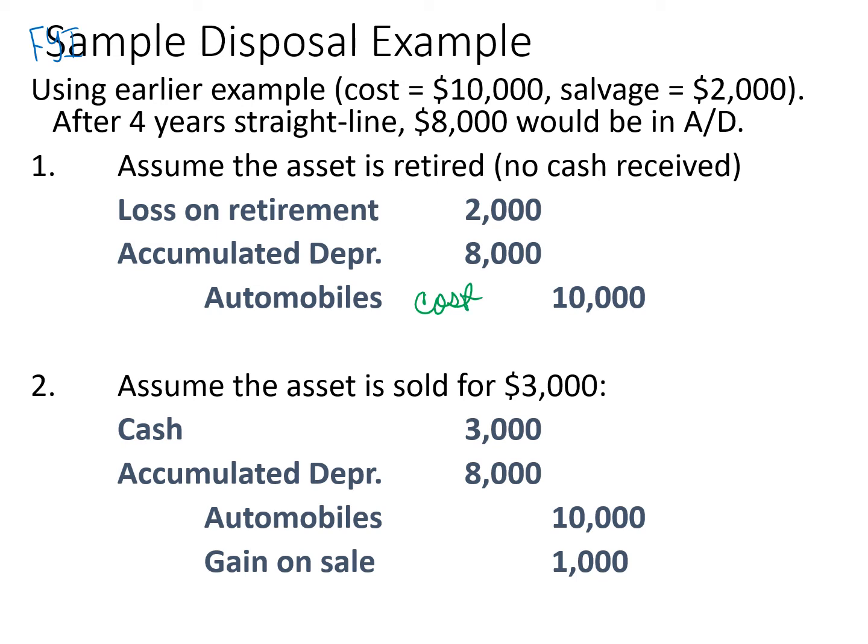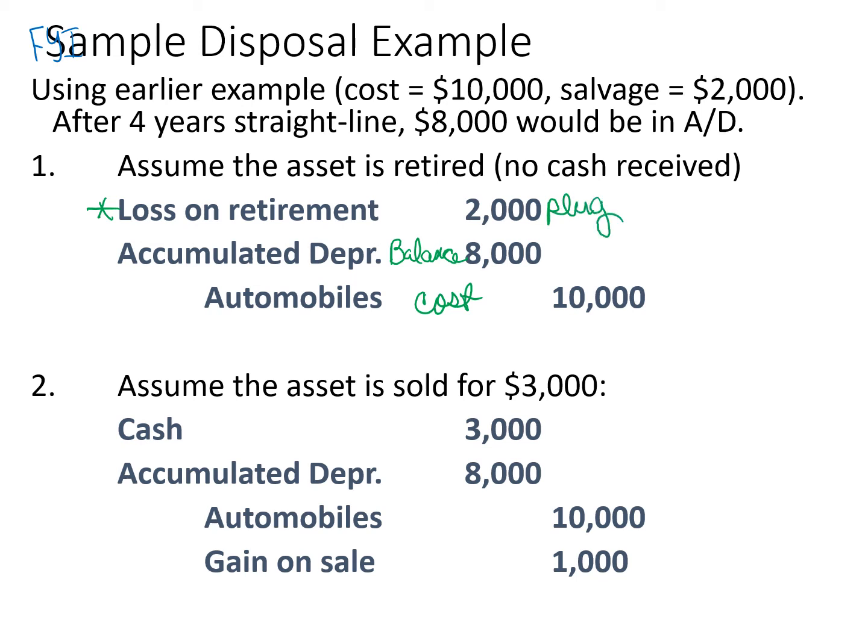I'm going to also get rid of the balance that's in accumulated depreciation, and I say that entry does not balance. So what do I need? I need a plug that's a debit, so that's a loss on the retirement or the disposal of $2,000. So notice the loss is the plug, or the difference.